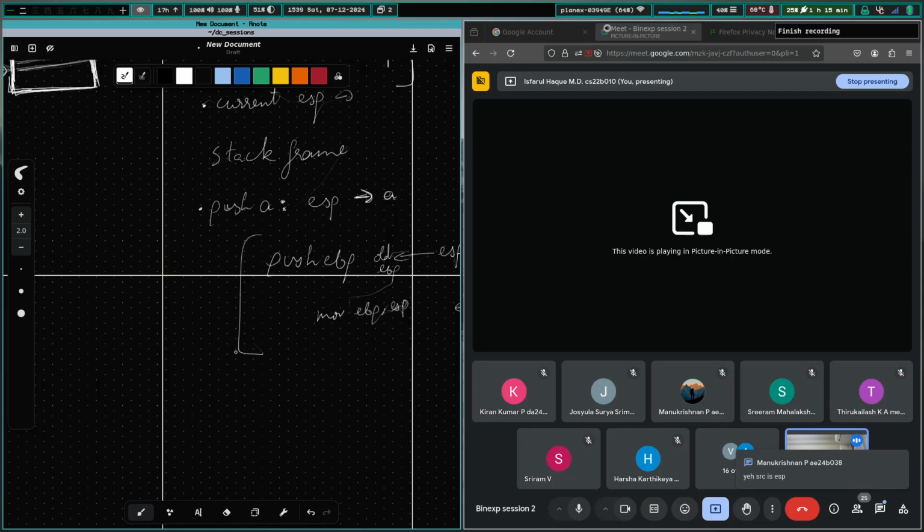SRC is EBP. See, EBP is getting moved. EBP goes from some value A to whatever value ESP is holding now, because new EBP is current ESP. That's true.